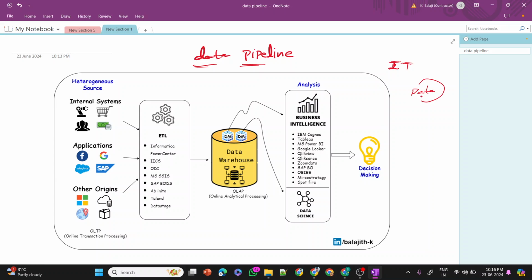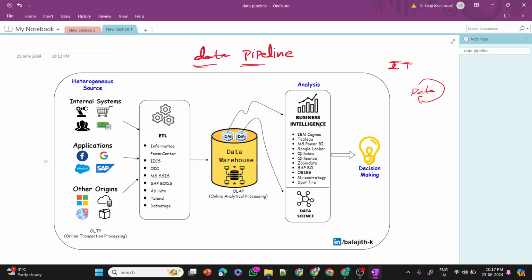Every company needs data. Using the data only, they make a conclusion. But what conclusion do they need?